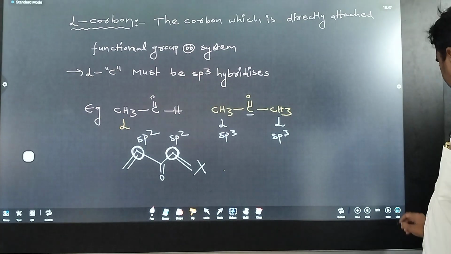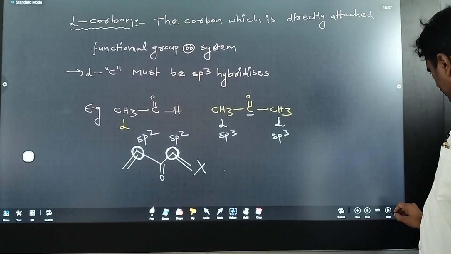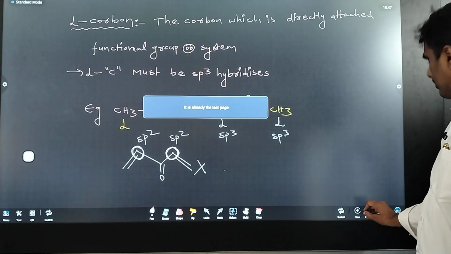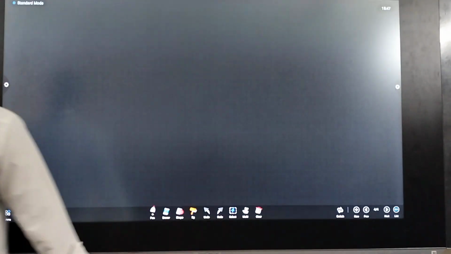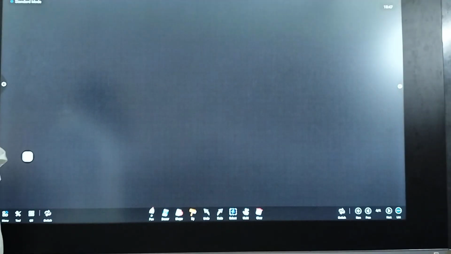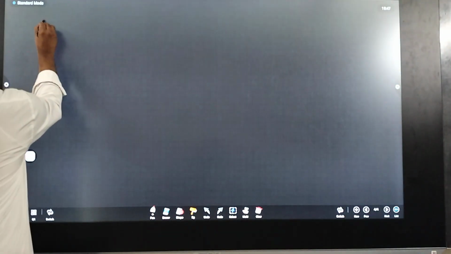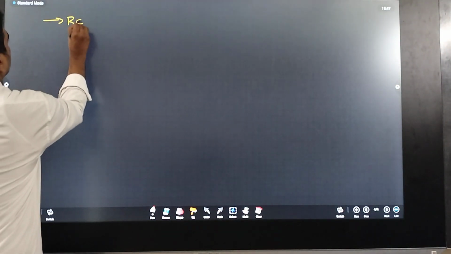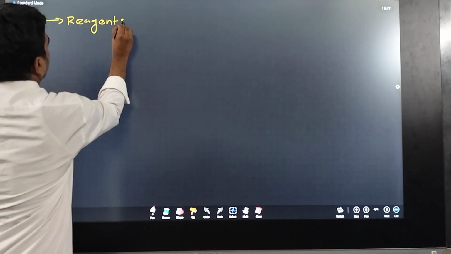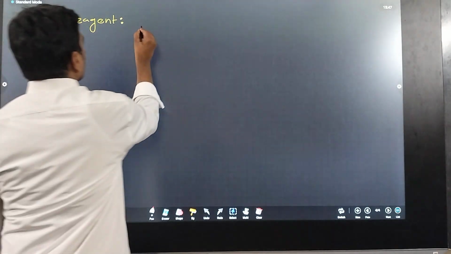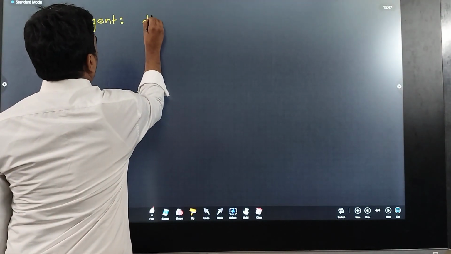So next, in aldol condensation, what is the reagent? The reagent is dilute sodium hydroxide.